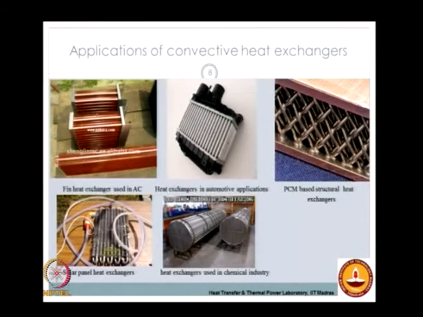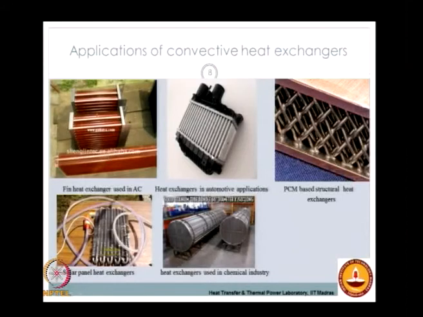So this is one type of heat exchanger where you have internal flow through these tubes where the working fluid flows through the tubes, and then you have external flow, that is the air going across the fins placed outside the tubes.